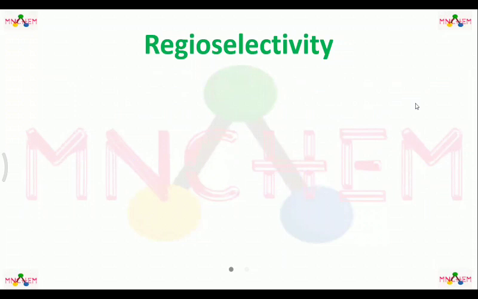Let's see a few more examples of regioselectivity. Aromatic electrophilic substitution reactions, say nitration, are extensively studied.